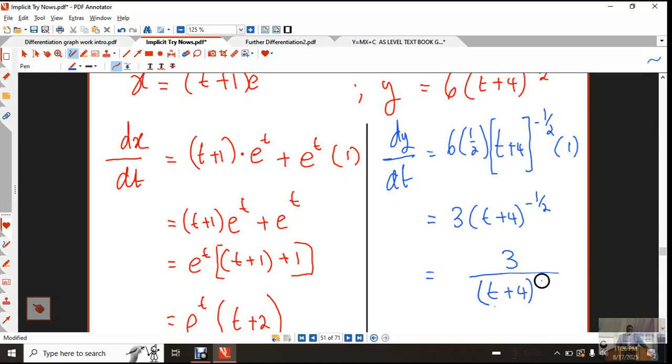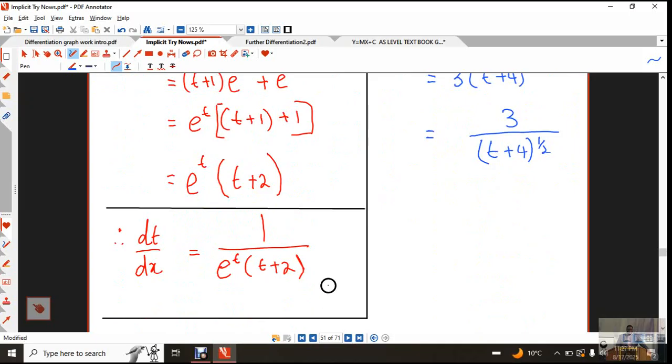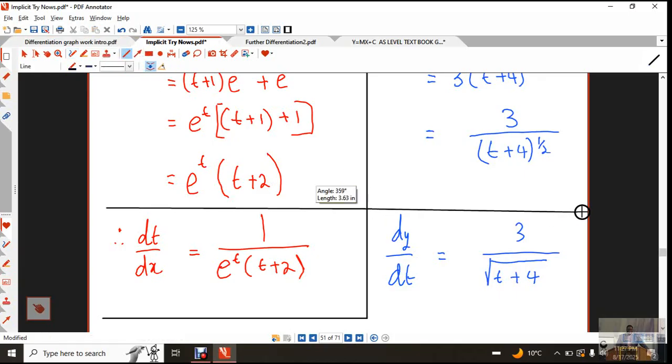When something is raised to the power of a half, it can be cleaned up further, and you can write dy/dt as nothing but 3 all over the square root of t plus 4. Okay, right. So this is actually working nicely in our favor.